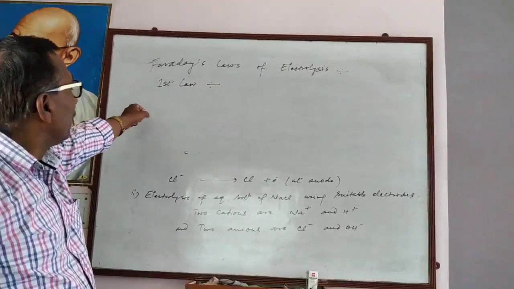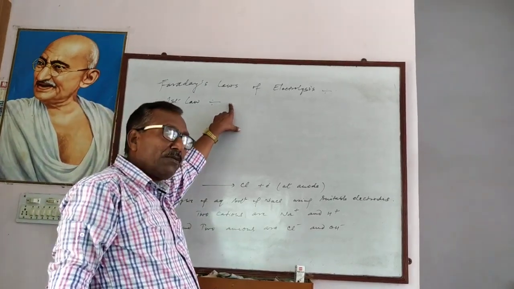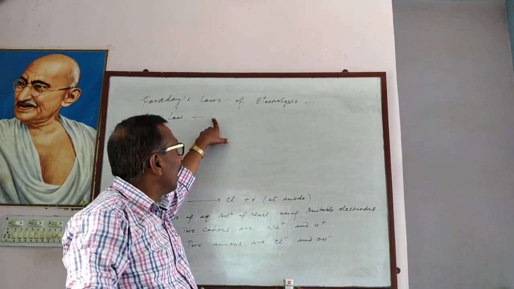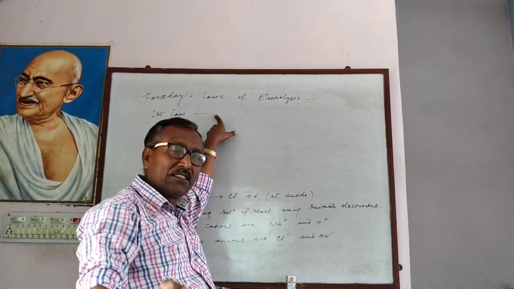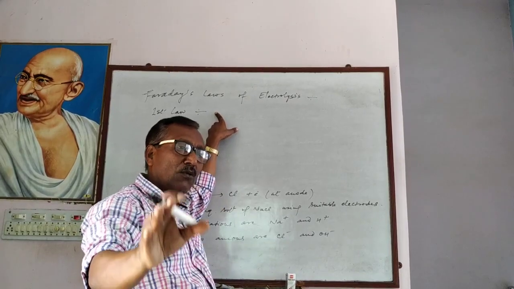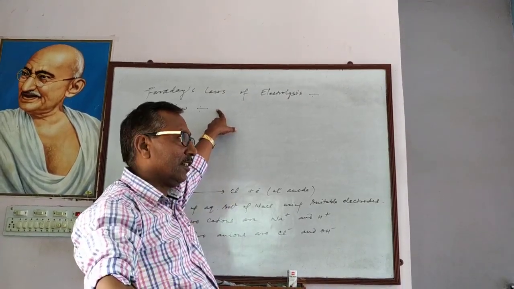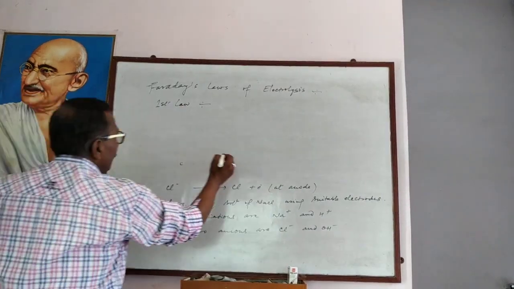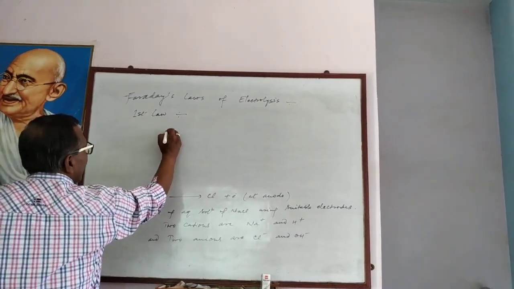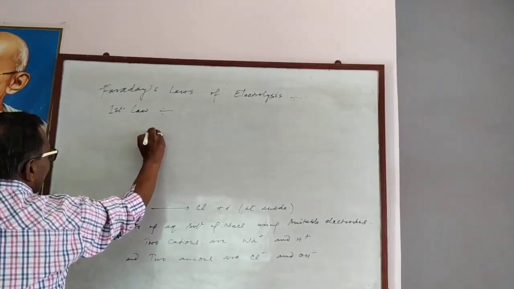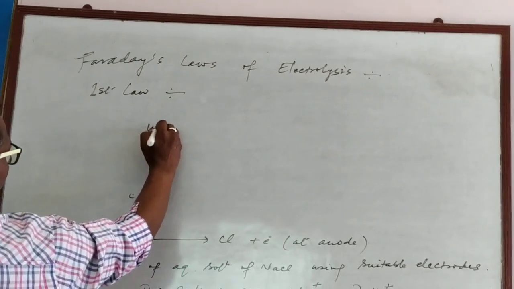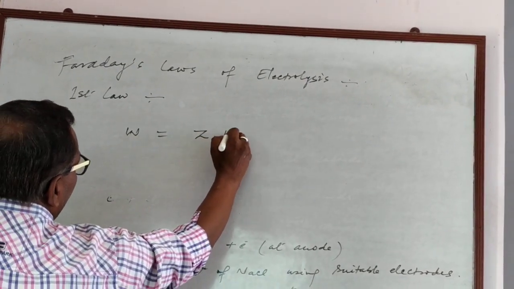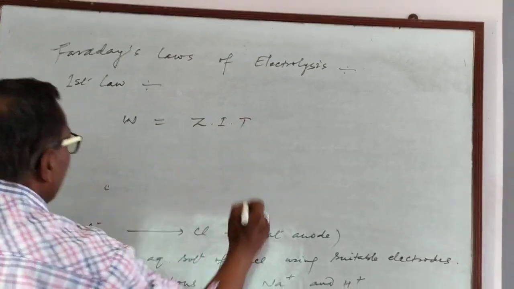It states that the amount of a substance of an electrolyte deposited at respective electrode is directly proportional to the quantity of electricity passed through the electrolyte. Now, this statement can be formulated as W = ZIt.